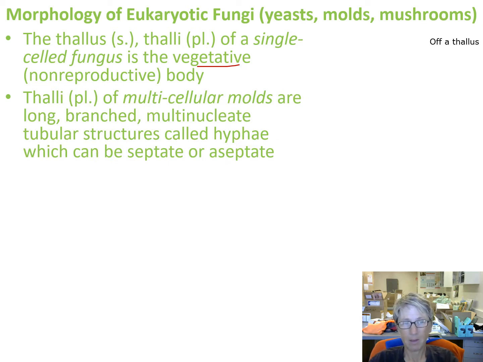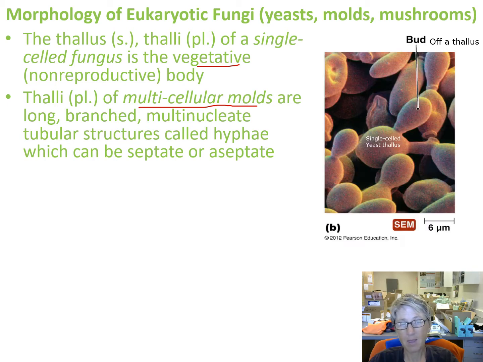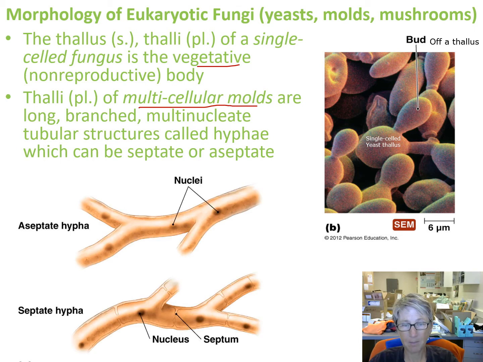Thalli, that's the plural of thallus, thalli of not yeast but multicellular molds, so as opposed to a single-celled yeast, multicellular molds, their thalli are long, branched, they have a lot of nuclei, they're tubular structures, and these are called hyphae, and they could be septate or aseptate.